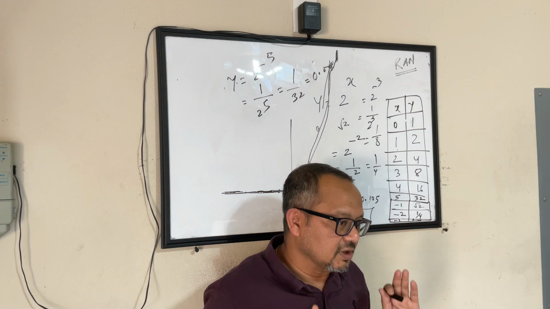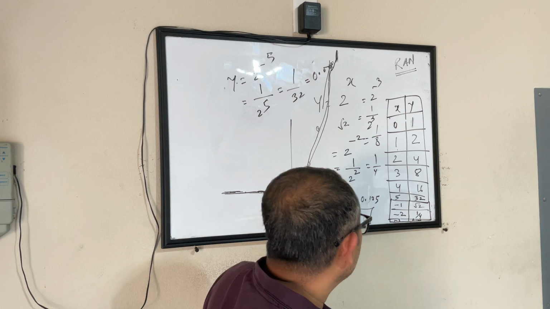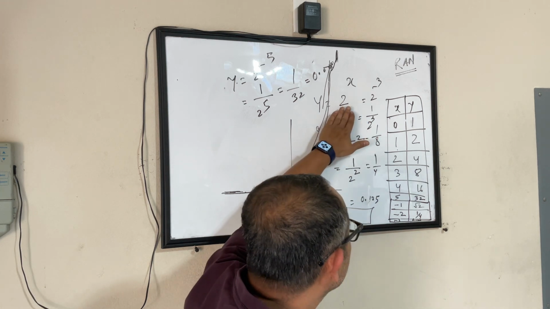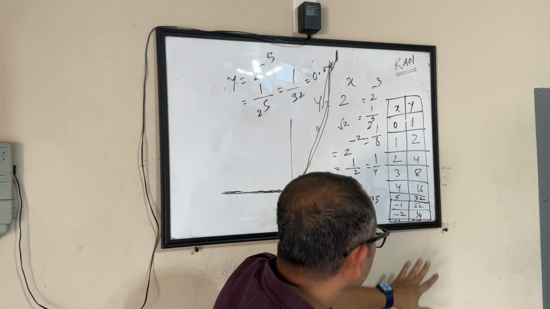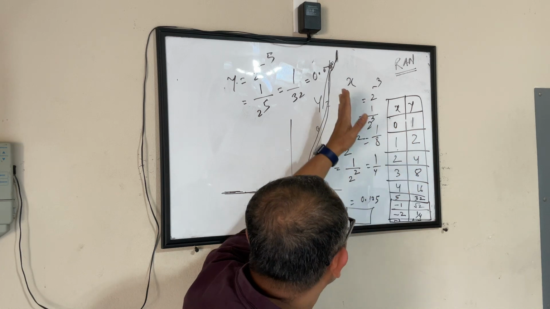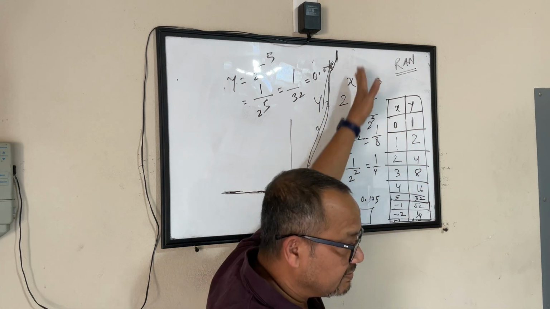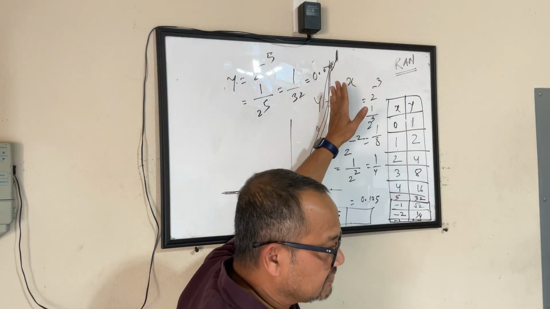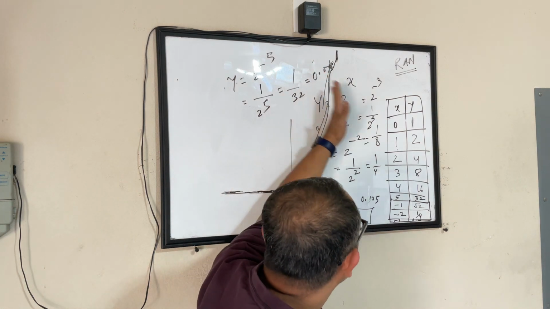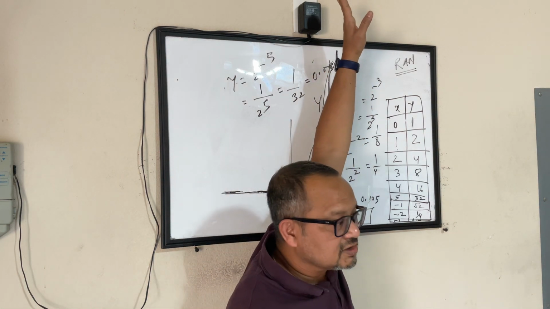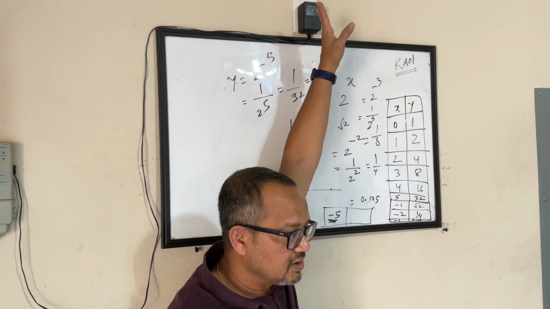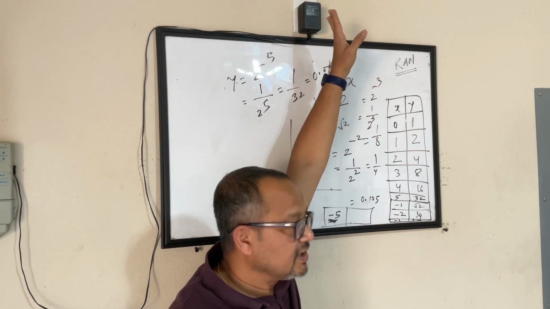So a summary of what we have seen so far is that when you have an exponential equation, we start plotting it, and for this particular equation, when the value of x becomes very big, y just shoots upward and becomes like a vertical line.